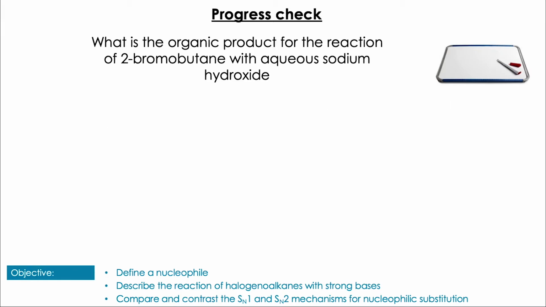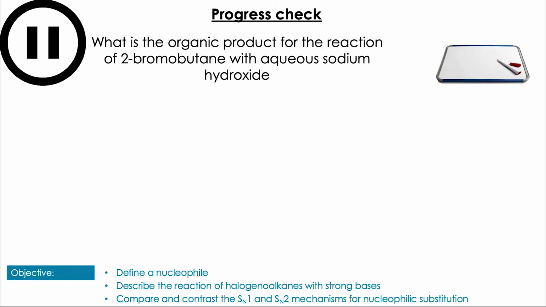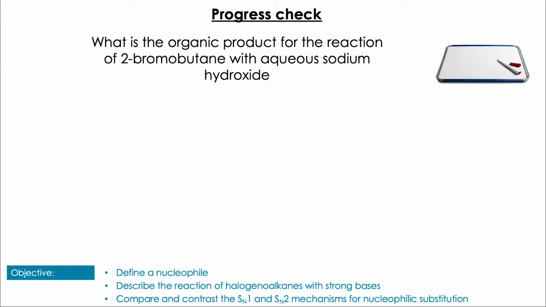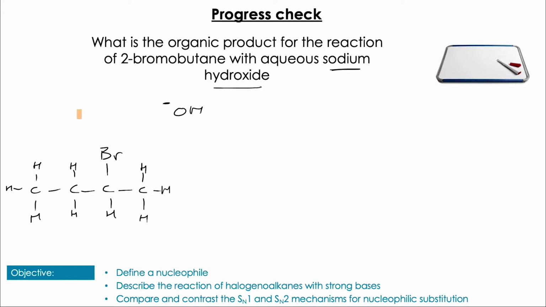Write the organic product for the reaction between 2-bromobutane with aqueous sodium hydroxide. Pause the video. Pop them up. So if we draw out bromobutane, then we know we're going to remove the bromine group and we're going to replace it with an OH group because we've got the hydroxide ion.